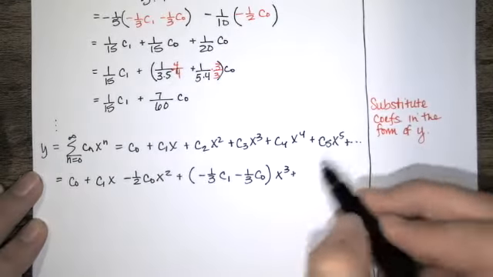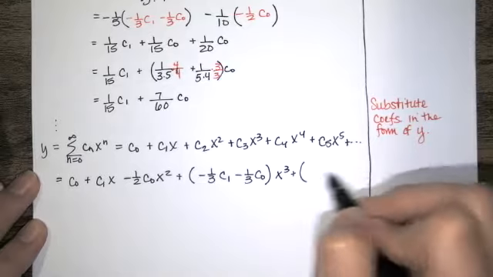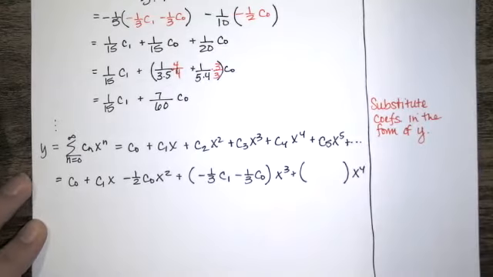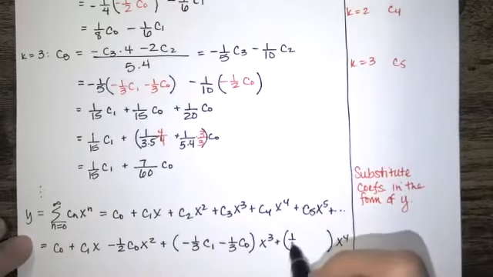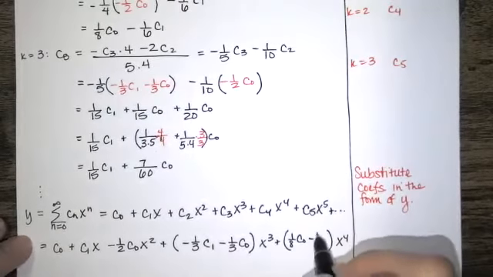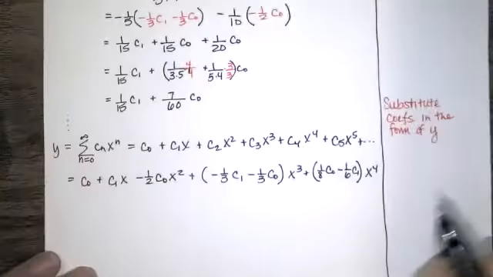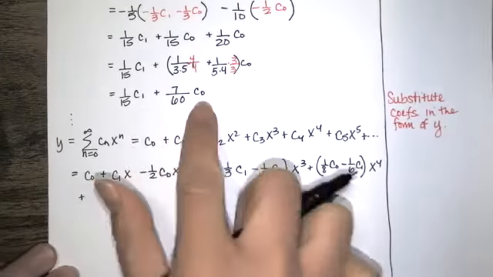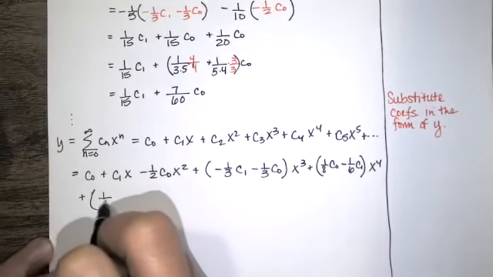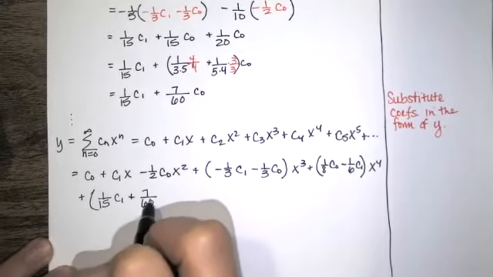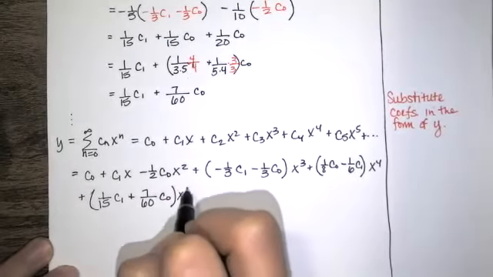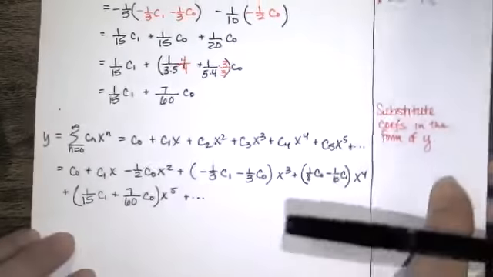Now we want to add our c sub 4 times x to the 4th. And c sub 4 was from up here, this 1/8 c sub 0 minus 1/6 c sub 1. And c sub 5 was that last coefficient that we found, 1 over 15 times c sub 1 plus 7 over 60 times c sub 0, and it's multiplying x to the 5th.